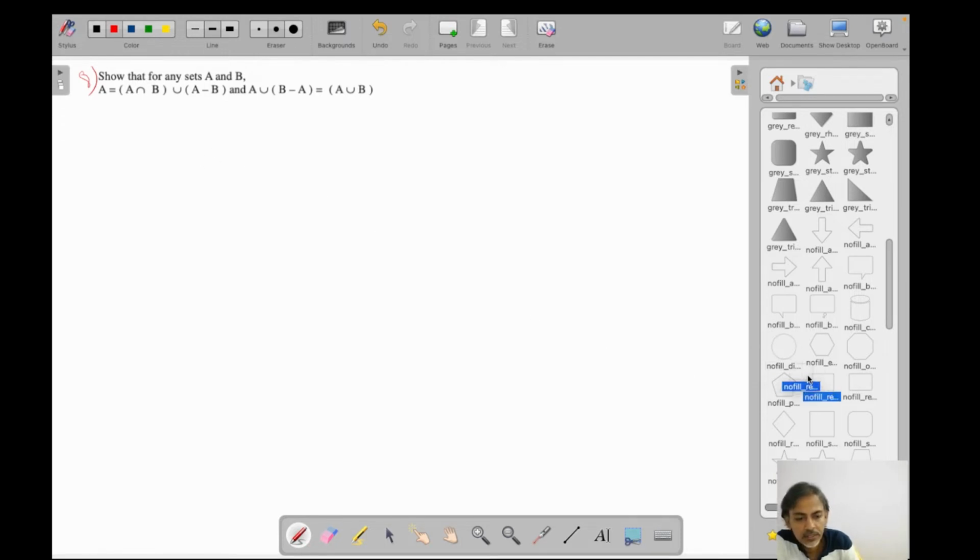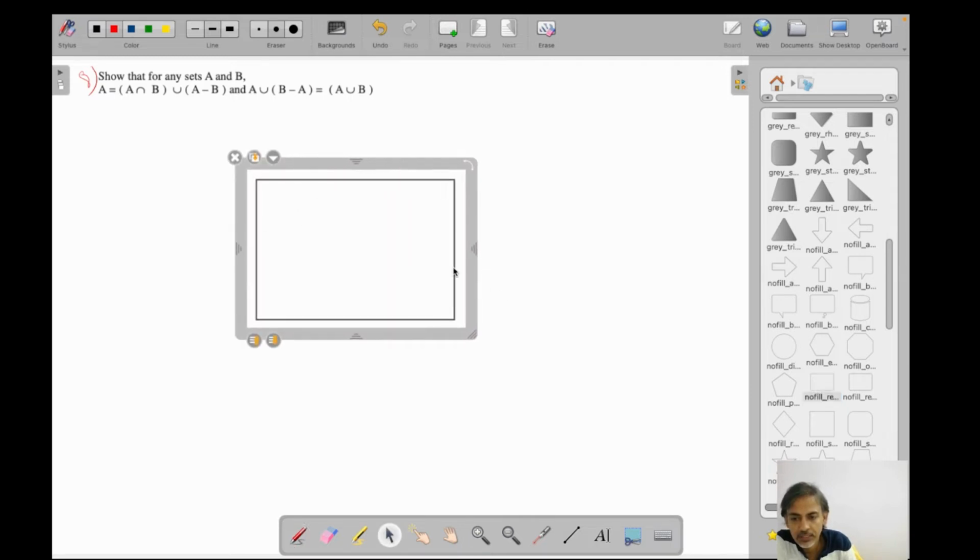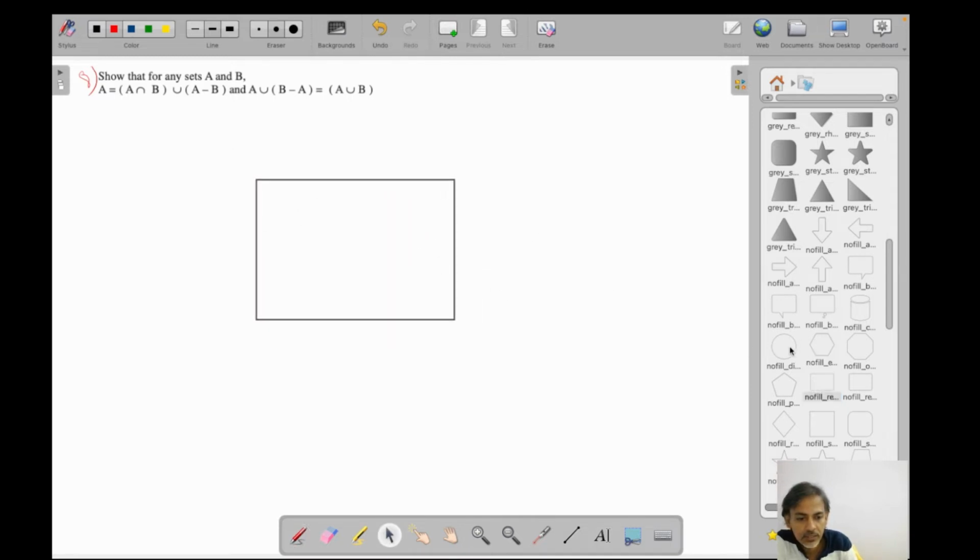Let me take a universal set like this, and within this let me take a set A, which is like this, and then I'll take another set B, which is like this. Now I will write A here, B here, and U over here.